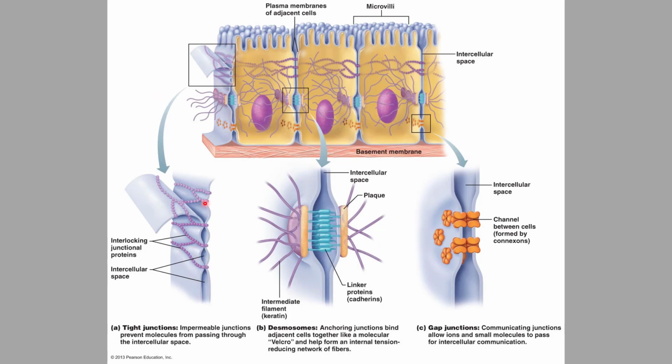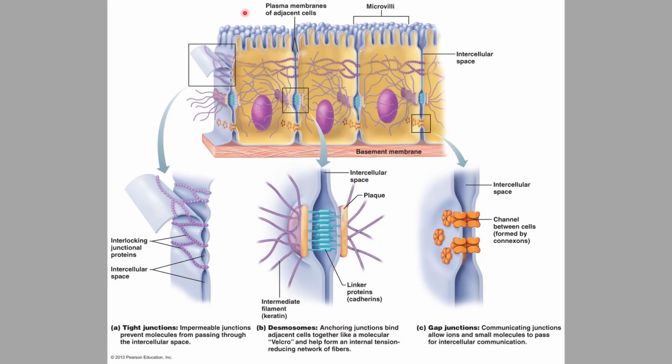This is called a tight junction. One plasma membrane and the next plasma membrane are joined very, very tightly together by proteins. And they are so tightly together that really nothing can get in between these cells. We find this, one good example, along our digestive tract.